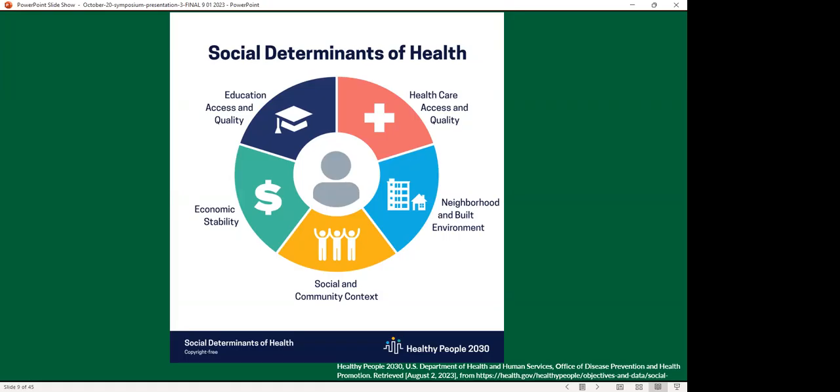How do they impact and how can we close the gap, and what resources are available for you in your practice so that you can incorporate them and use them to help your patients in your own practices.